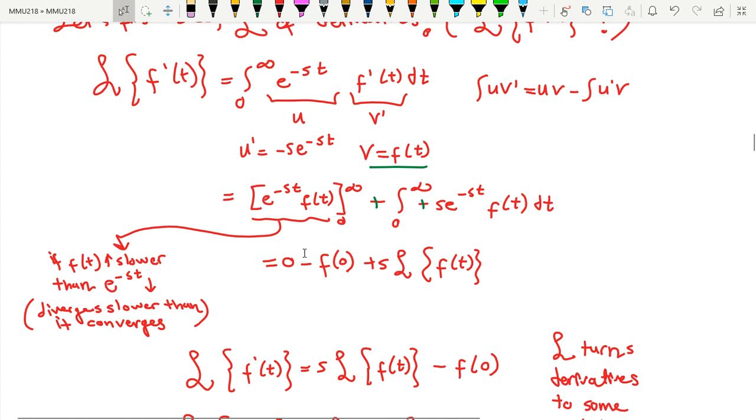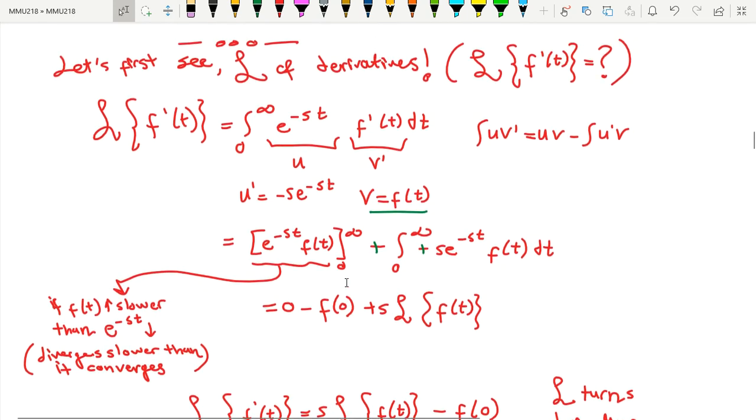This is good because I can now express the derivative of a function and take the Laplace of it, and it's somewhat turning into the Laplace of the same function multiplied by s and minus f of 0. f of 0 is what? f of 0? That's my initial condition. Remember, whatever that function is at time 0, that's my initial condition.